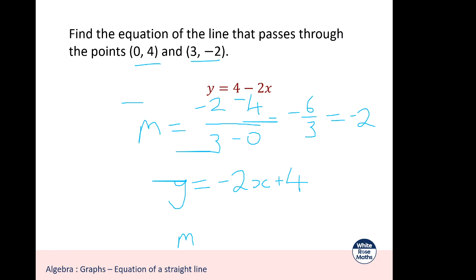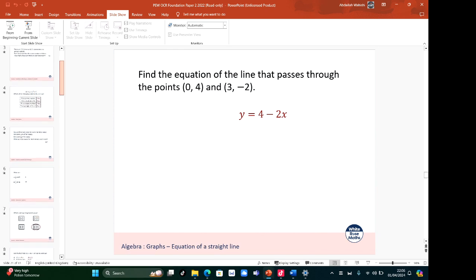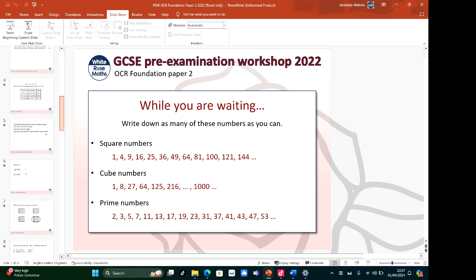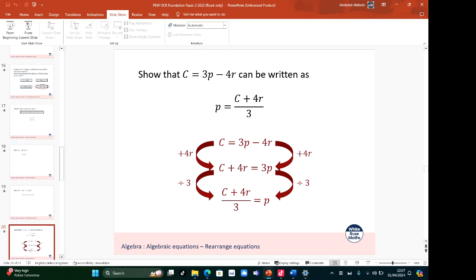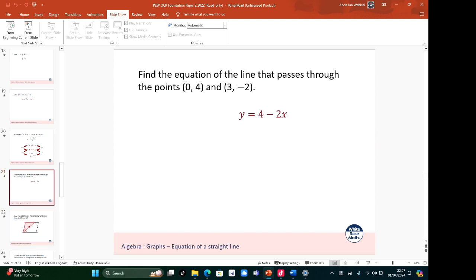If you look here, G, from the start it says OCR Foundation Paper 2. So this is for the non-calculator paper. That's fine, it is still going to be relevant for you.